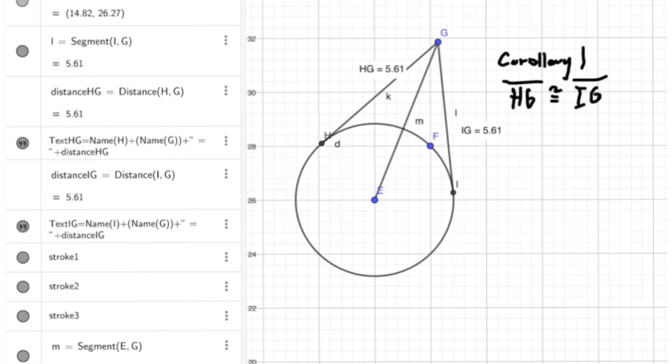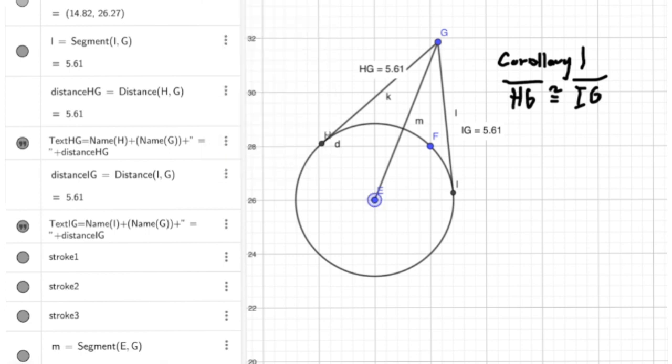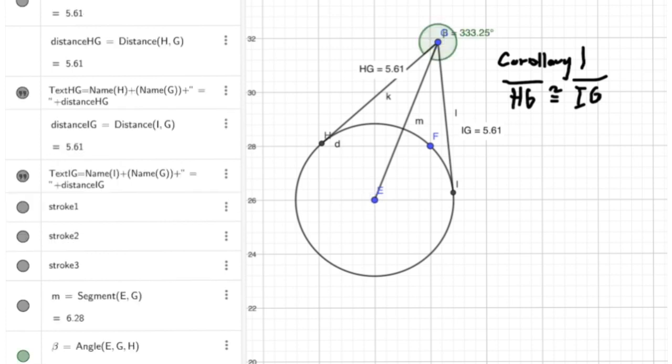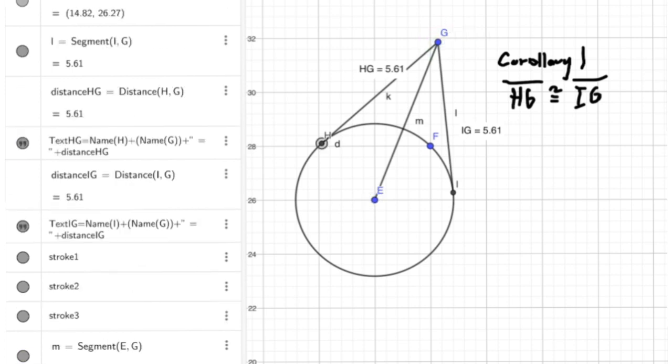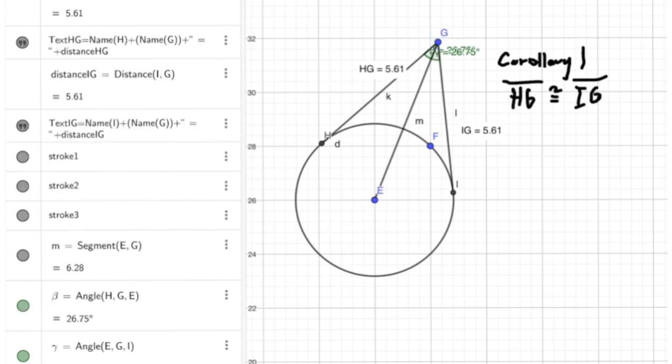If you want to verify that, you can go to the measurements again. HGE, that's 26.75. EGI should also be 26.75, and it is indeed true. So that's corollary number 2, stating that the angles are bisected in this case.